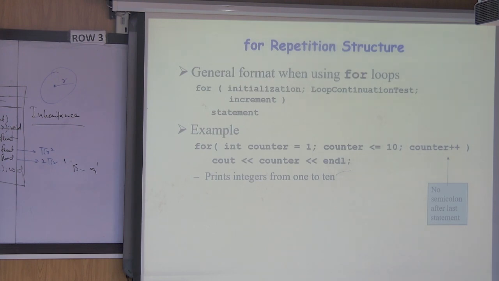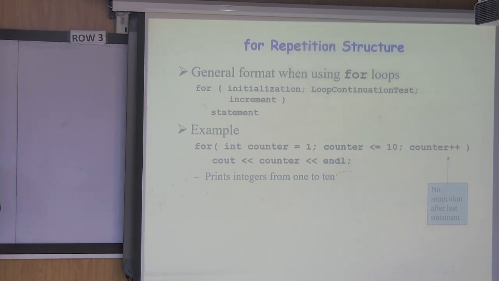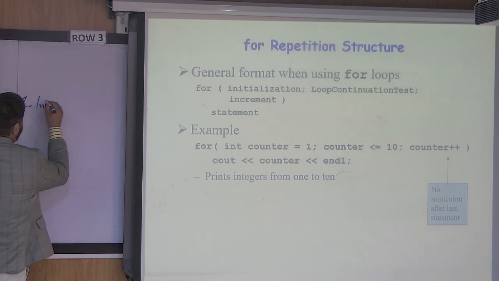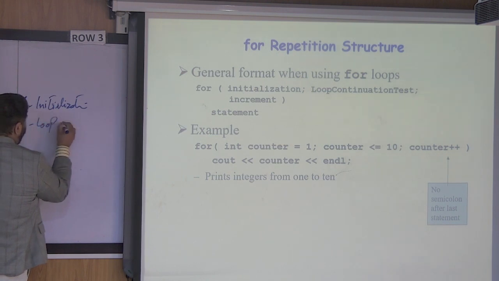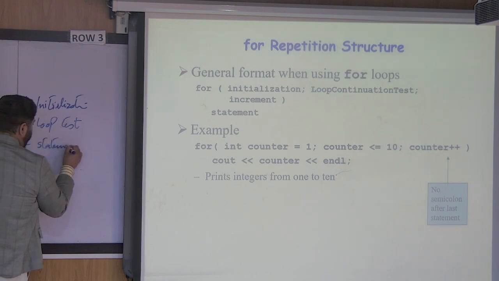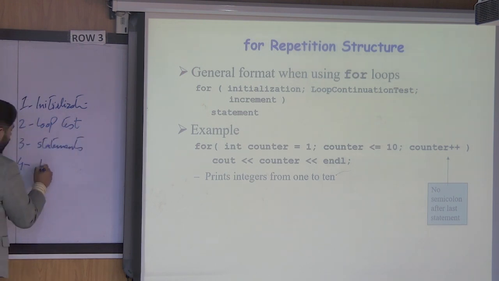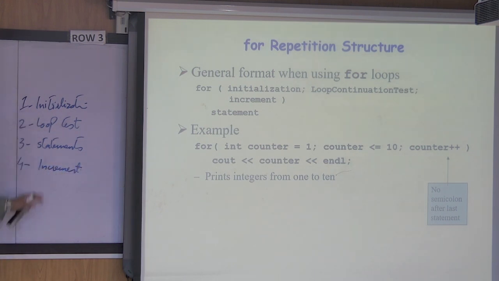Now discussing the next type of loop, for. If we have a look at the essentials of looping, what are the essentials? In any loop you see these things, which typically include initialization, the loop continuation test, which is the condition, the statements, the body, and the respective increment or decrement. Isn't it? Is it true for any loop?